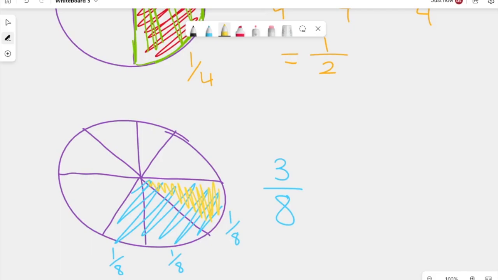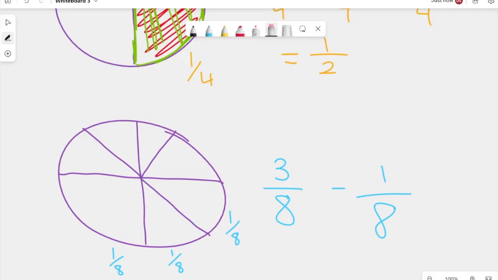So I'm discounting this from what I have. So I'm just effectively taking 1/8 away from my 3/8. Now, I've given this away, and let me actually just rub this out.